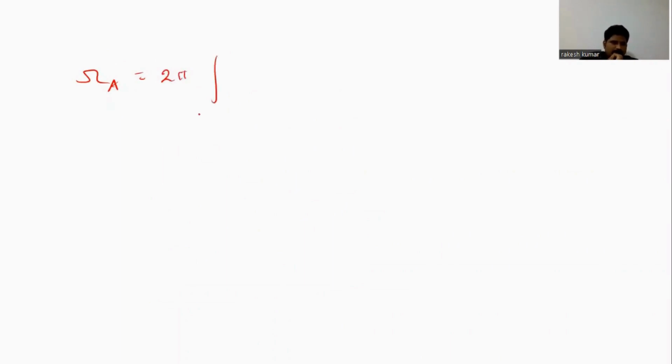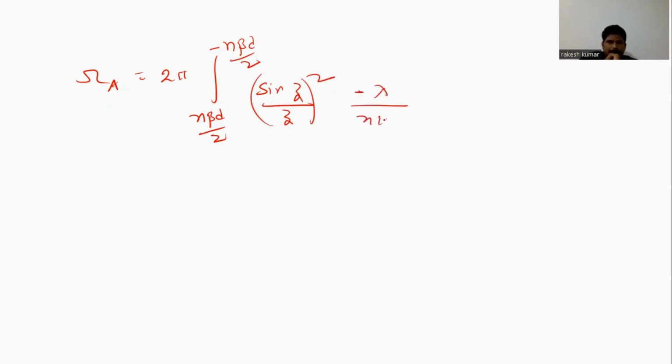2 pi into the integration, what are the limits? n beta d by 2 to minus n beta d by 2, into, substituting n psi by 2 as z, sine z by z whole square into, in the place of sine theta d theta, it is replaced with minus lambda by n pi d into dz.